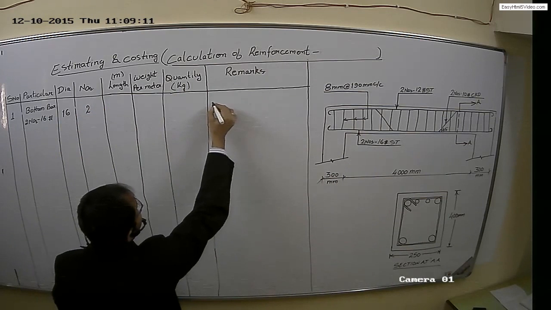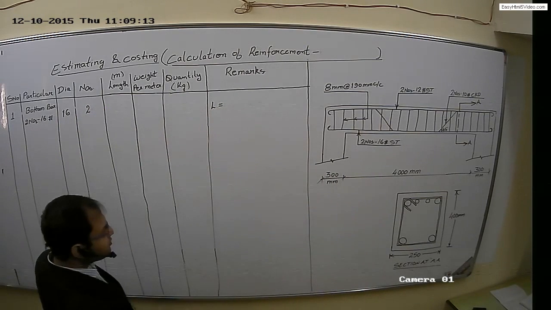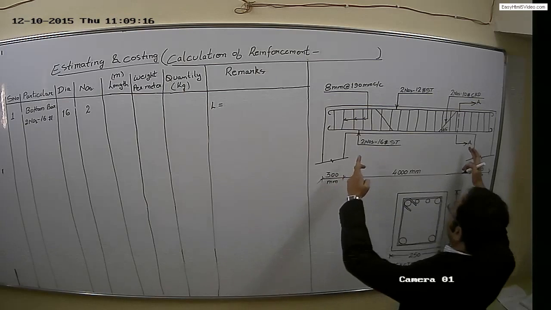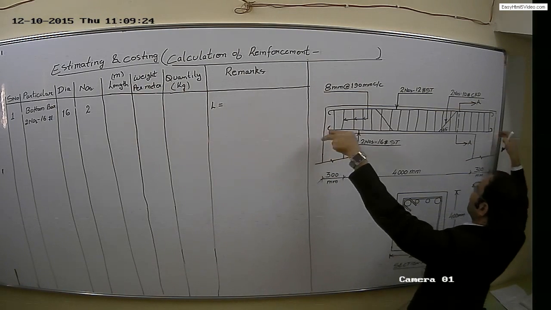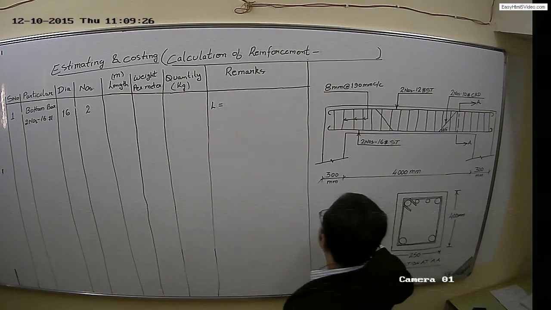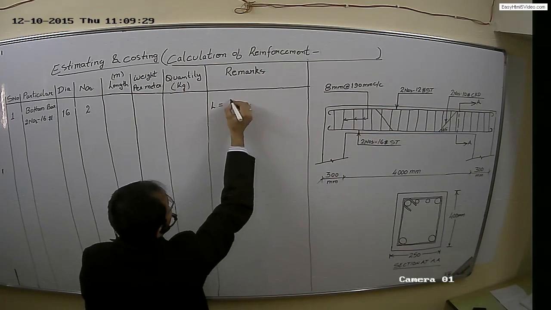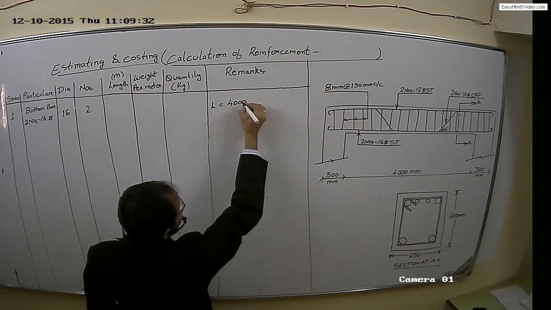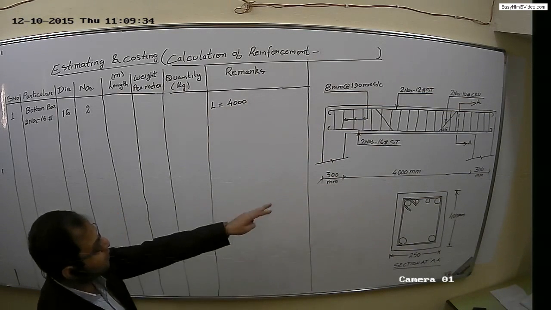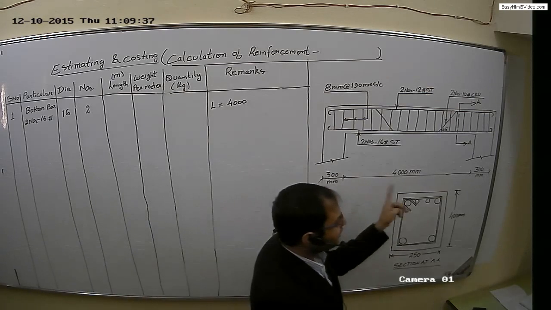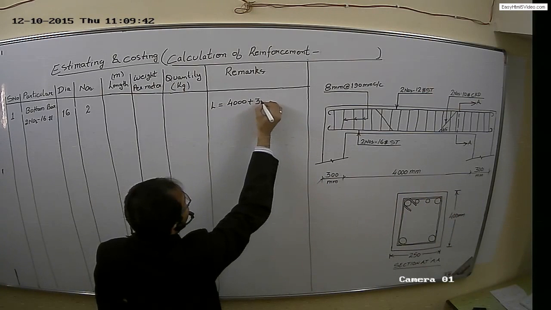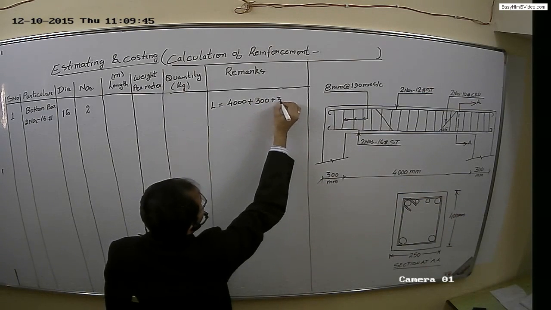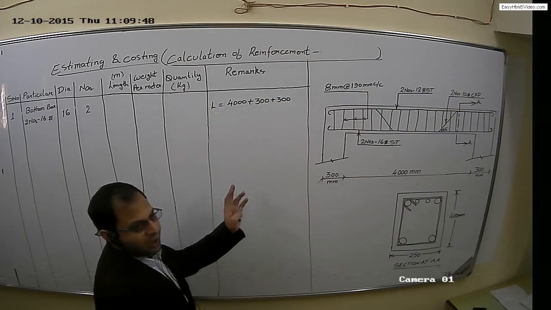Now length will be the outer to outer length of this beam, then minus cover from the right side, then cover from the left side, and two hooks. Okay, so we'll have the length 4000 mm clear distance. Now adding 300 mm for this support and 300 mm for the another support, so we'll have 4000 plus 300 plus 300 minus 2 covers of the beam.